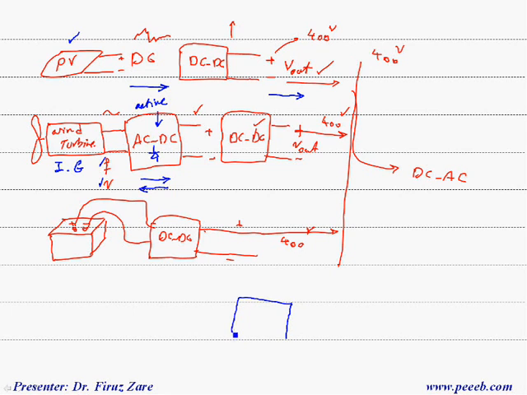That means if we design AC-DC and look at the input from this side, you can see that this converter is DC to AC for this terminal.